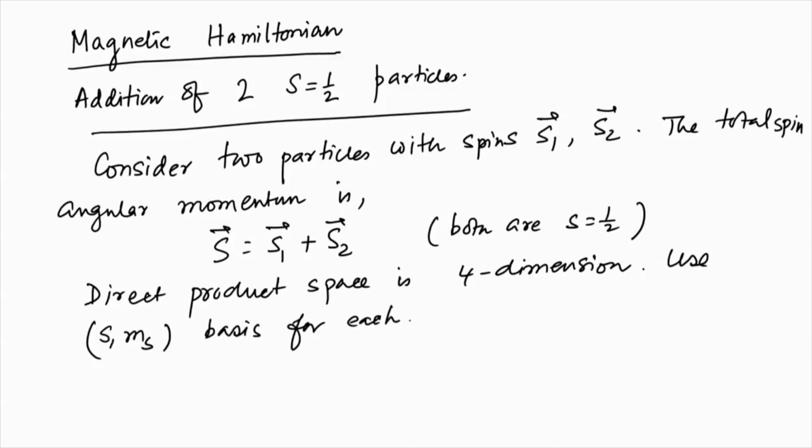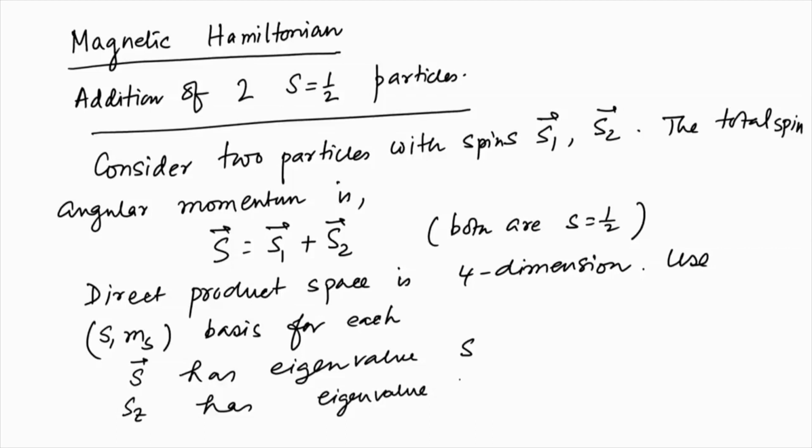What I mean by that is that the spin operator S has eigenvalue S, and Sz has eigenvalue MS. So, we can form the basis of each of the particles by this S, MS, and the total space will be the product of two such S, MS states.